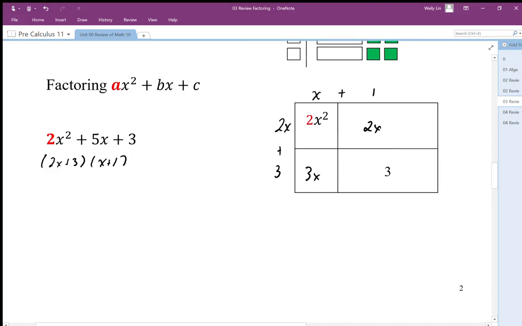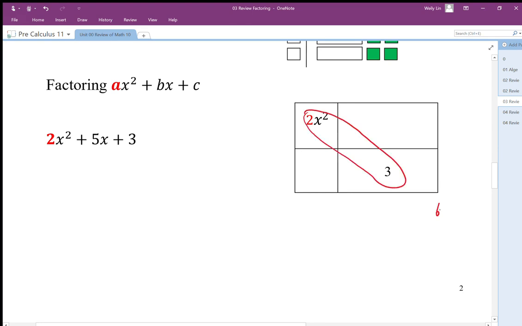So how do we use that property to help us factor? Well, we're going to do this. If I multiply this diagonal product, I get 6x squared. And what I know is that whatever I put into here is going to multiply to 6x squared. Not only that, it has to add to the areas.